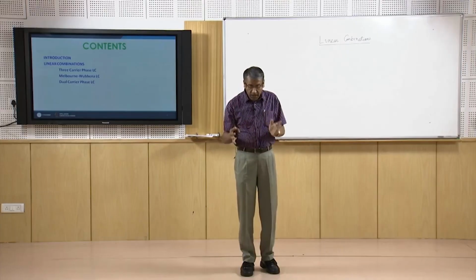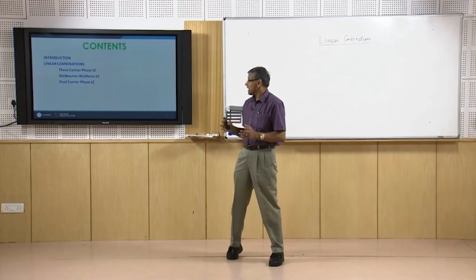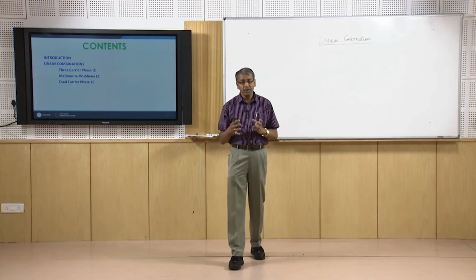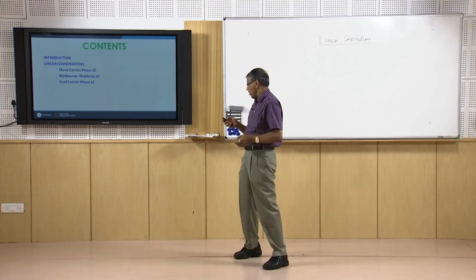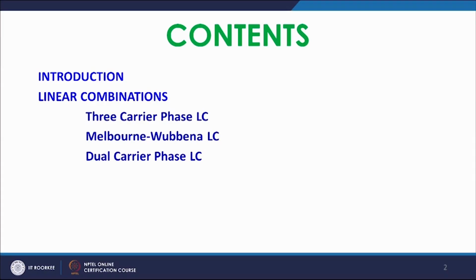Now today's class regarding linear combinations of GPS observables, we will talk on the introduction and then different types of linear combinations. I will take 3 carrier phase linear combinations, then Melbourne-Wubbena linear combinations and some dual carrier phase linear combinations.